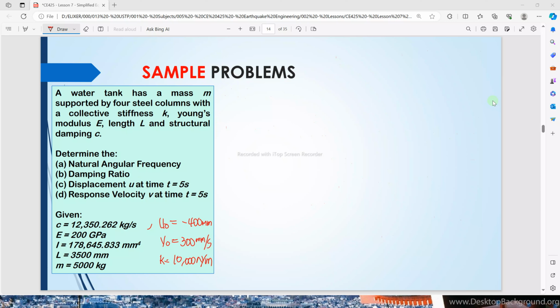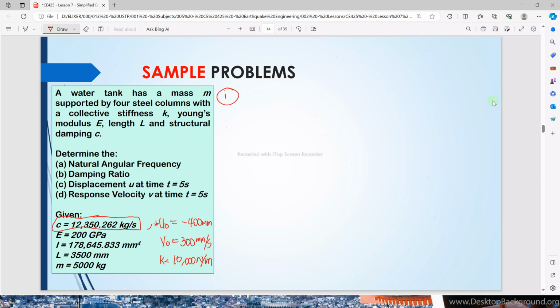This is actually the same problem from the previous one, but this time we already have our damping coefficient C. Okay, so let's proceed with our solution.